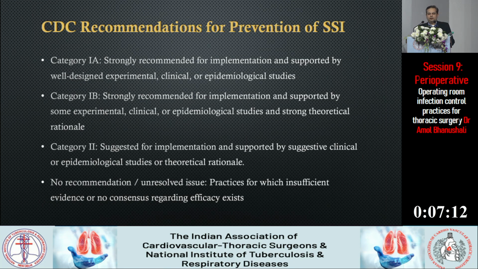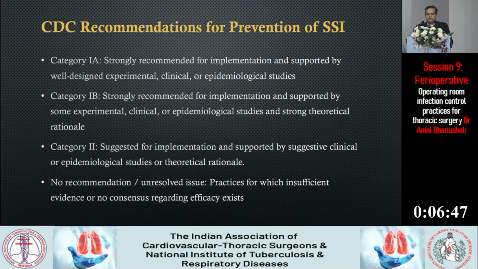Coming to CDC recommendations for prevention of SSI, they have divided these recommendations into categories. 1A is strongly recommended for implementation and supported by well-designed experimental, clinical or epidemiological studies. 1B is strongly recommended for implementation and supported by some studies and a strong theoretical rationale.